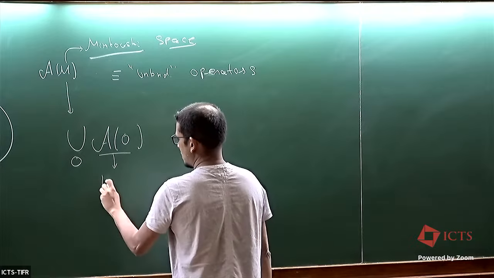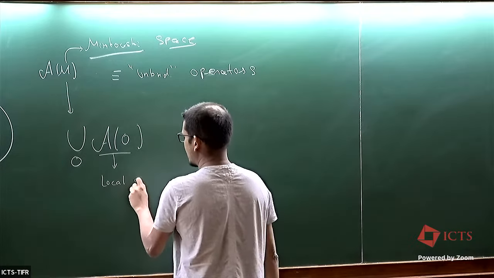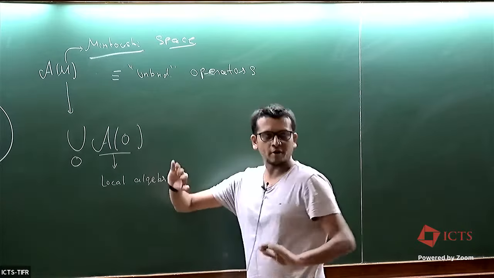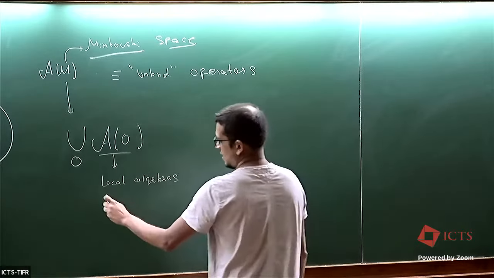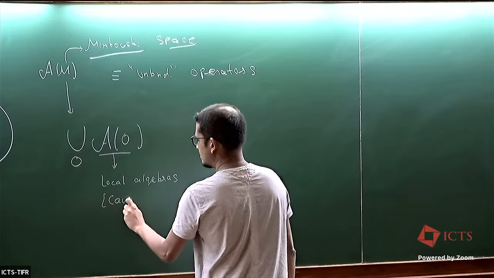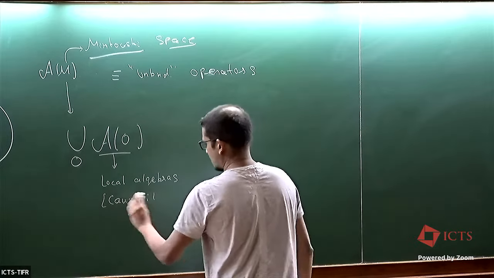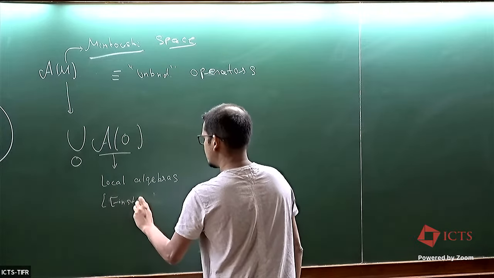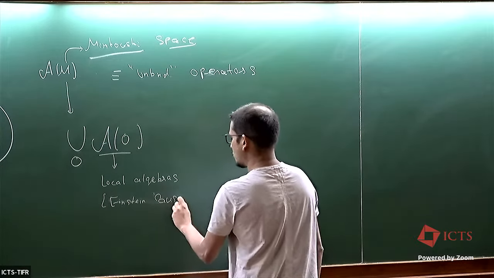So local or maybe quasi-local algebras, not von Neumann or anything, just abstract algebras, which satisfy Einstein causality and covariance.